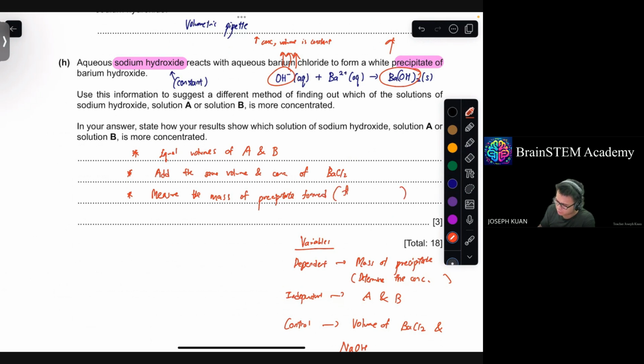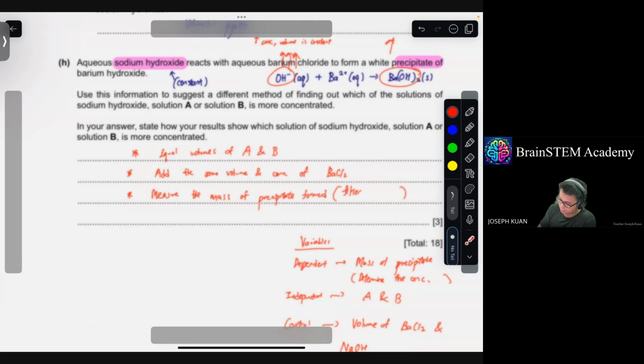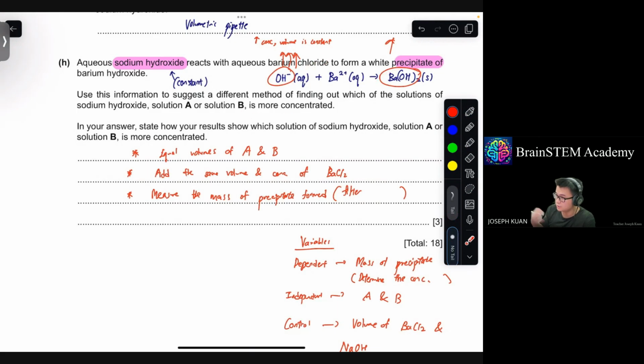You need to filter, of course, because it's a solid, from the remaining aqueous substances. So you need to filter it and then essentially wash, dry, and then measure the mass. Okay, but this is a 3 marks question. I don't think you need to mention it in too much detail, unless this appears in the last question, 6 marks.